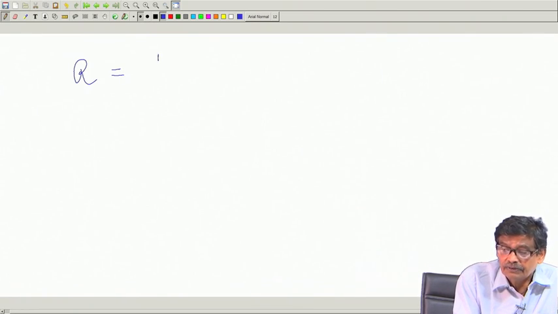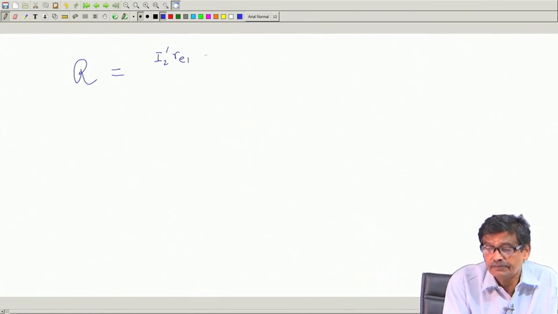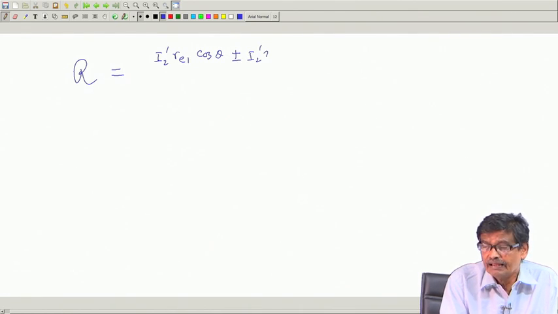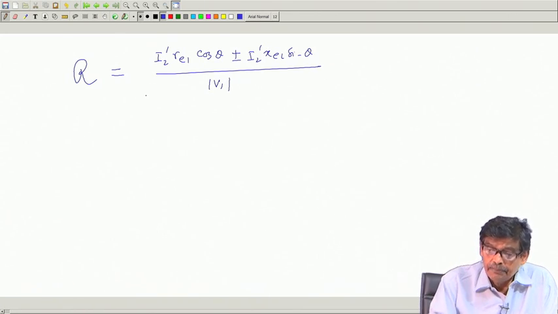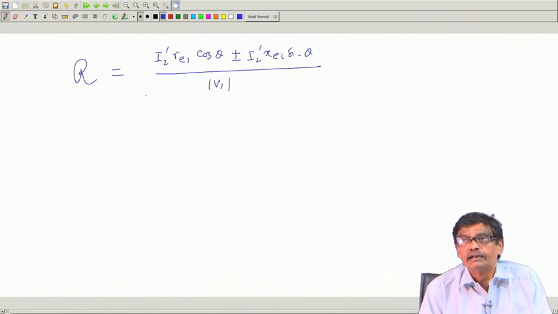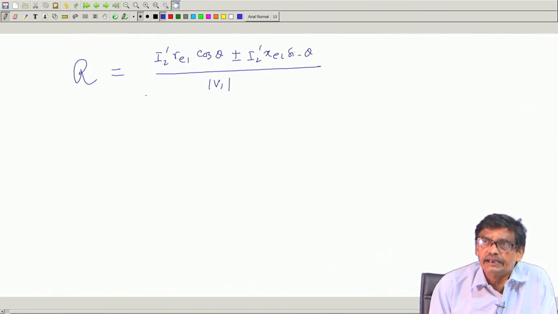This is equal to, referred to the primary side, Re1 cos theta plus or minus I2 dashed Xe1 sin theta divided by magnitude of V1. Everything could be written in terms of the secondary side.